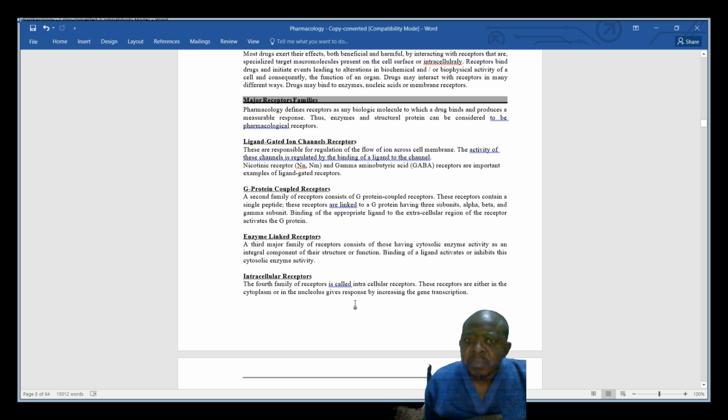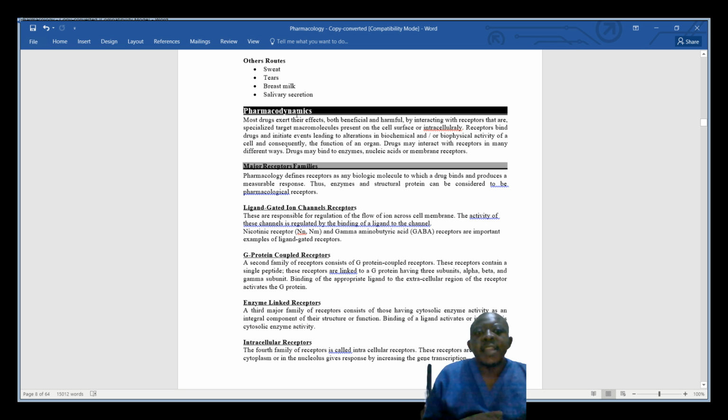And this gives a response by increasing gene transcription. So we have the intracellular receptor. So these receptors can be found where? In the cytoplasm or in the nucleus, and give a response by increasing gene transcription.